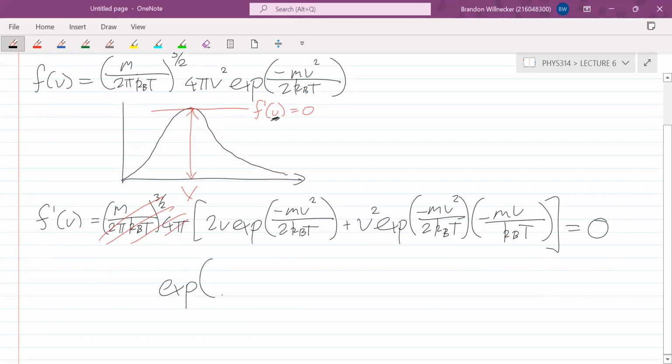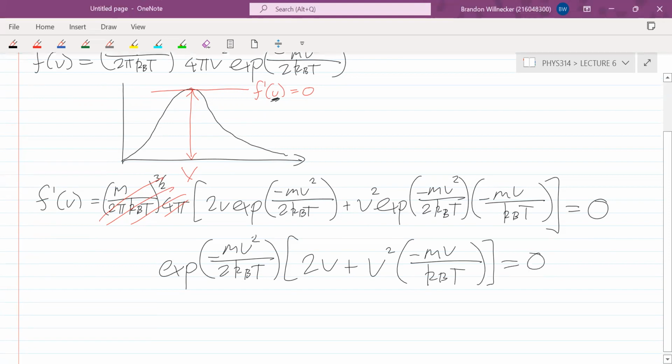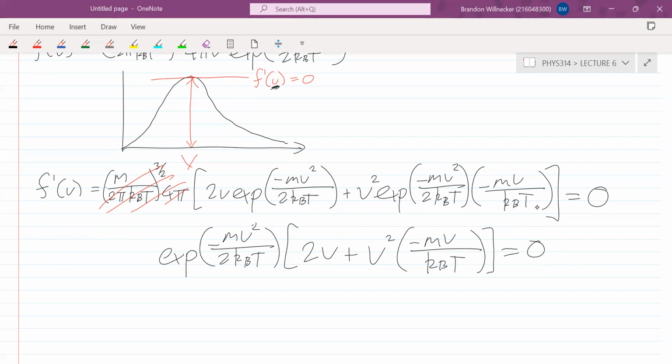So we have the exponential of minus mv squared over 2 kBT, and then the leftovers are 2v plus v squared times minus mv over kBT, equals 0. Okay, and we also have another factor of v that we can take out. So there and there, let's take that out to the front.